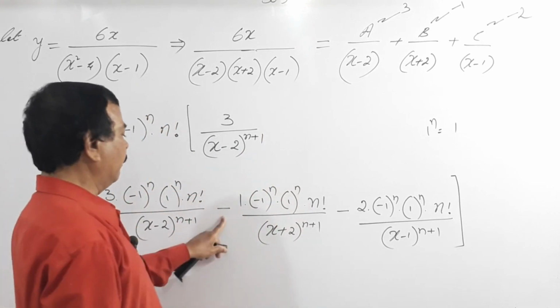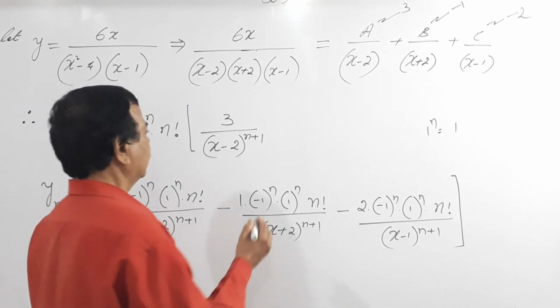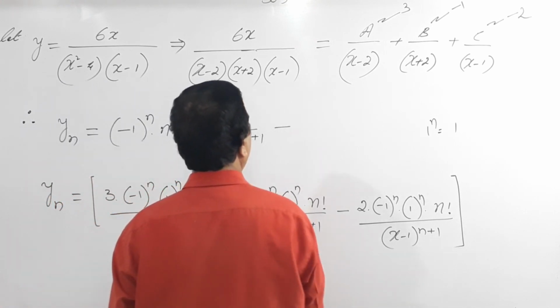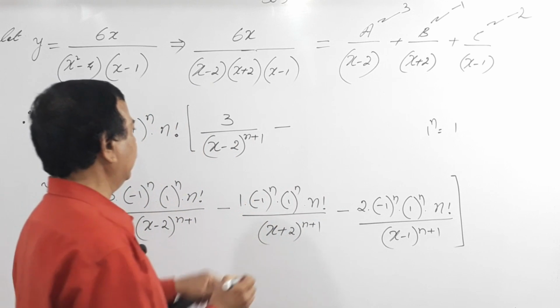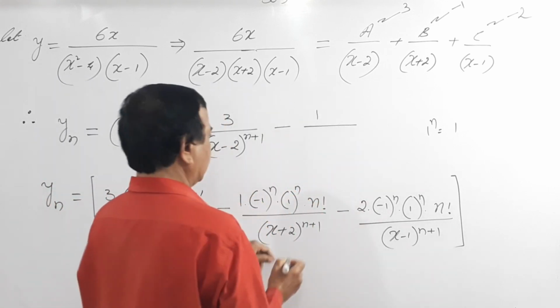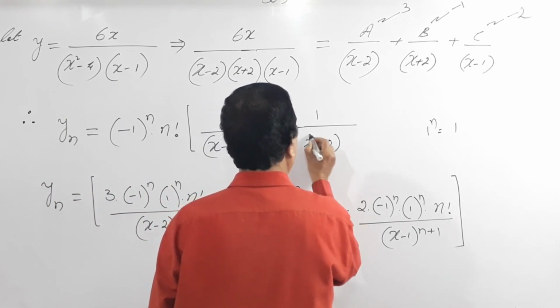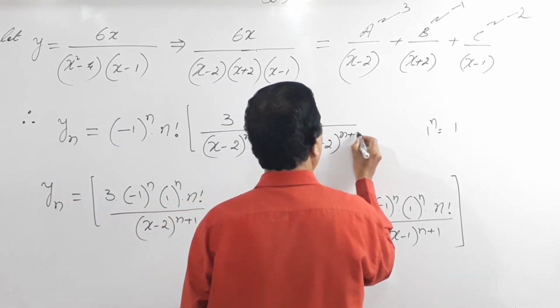Done. Then we have minus, 1 by (x plus 2) to the power of n plus 1.